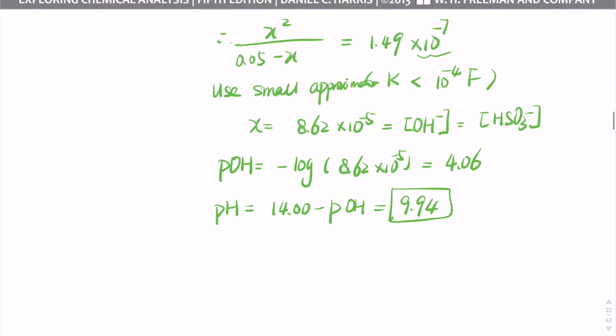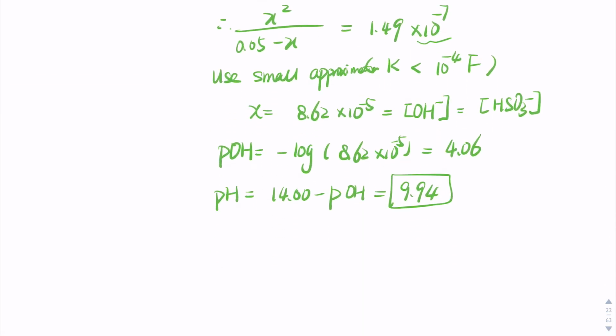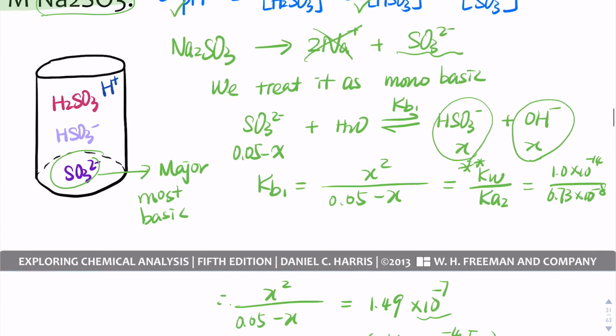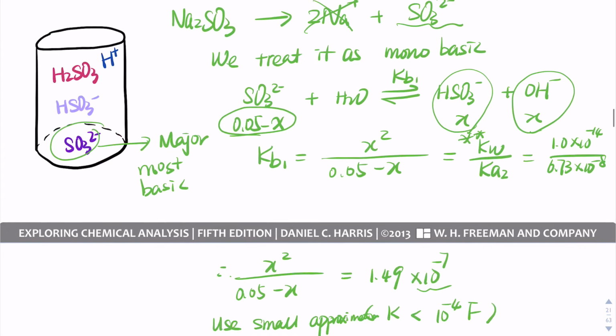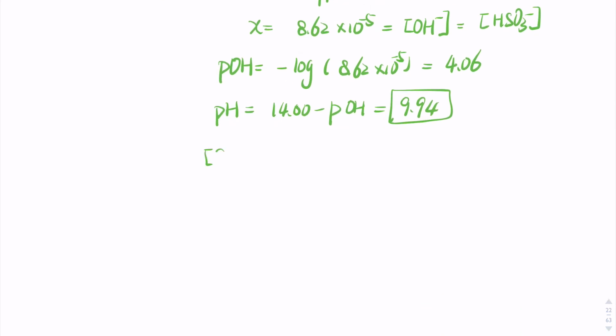Again, we have the reaction happening in the other direction. But before that, we actually know the concentration of the sulfite ion. We can get it from this expression: the sulfite ion will have the original concentration minus that 8.62 times 10 to the negative 5, whatever the rest is.